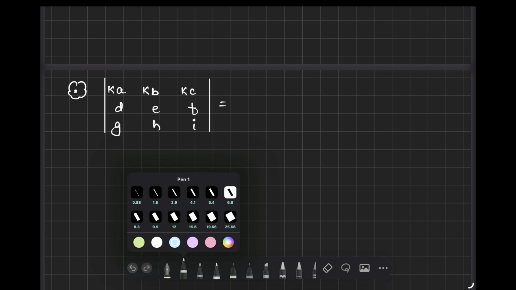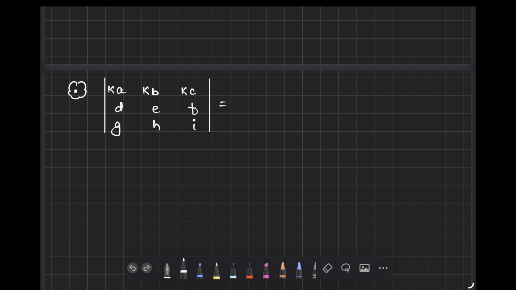But while dealing with a determinant, you should take it common from a single row or a single column only. So now you can take k outside and then write a b c, d e f, g h i. I hope this idea is also clear.